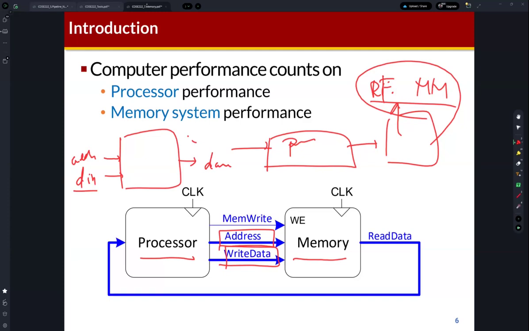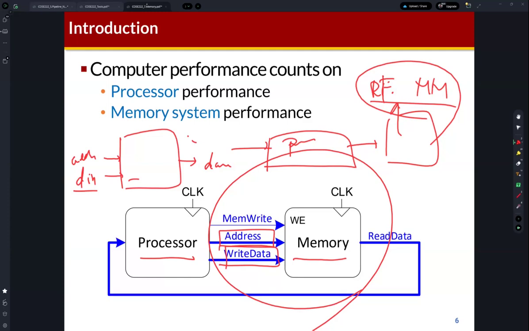The data memory also has control ports, like mem write or mem read, and the clock signal. So you can find this model: the processor provides the control signals, addresses, and write data, the data in, and then the memory can store.